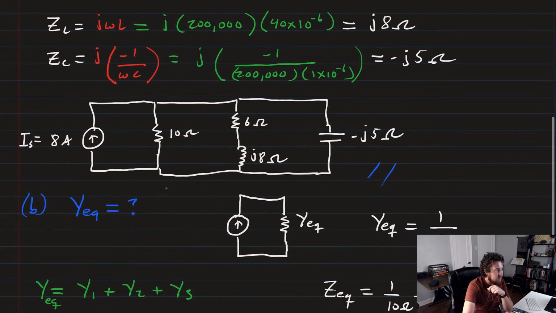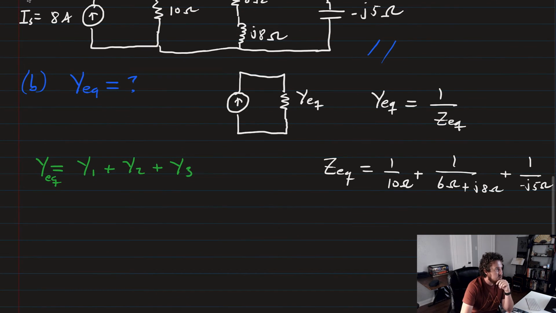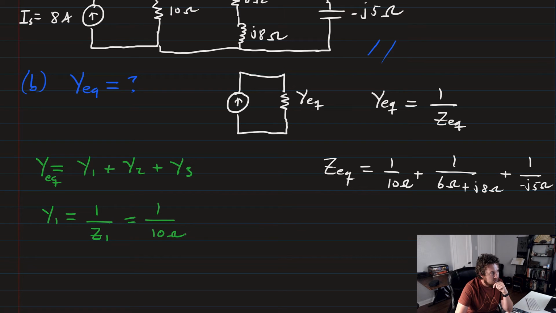Remember that we had labeled, let's go ahead and put it back up here. So if this is Z1, Z2, and Z3, we're just going to flip them over. So we'll first have that Y1 is just equal to 1 over Z1, which is equal to 1 over 10 ohms.